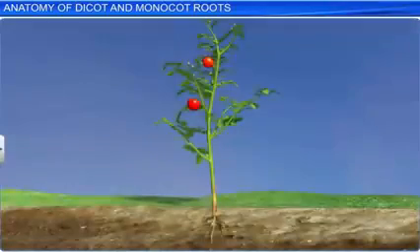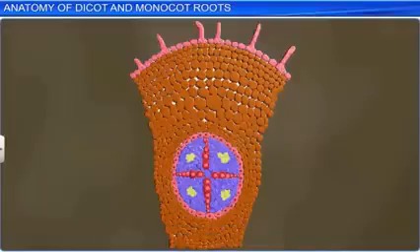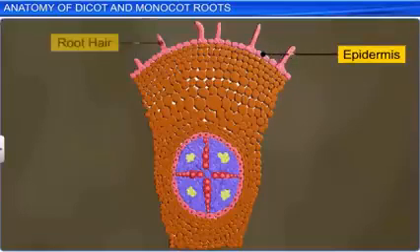We'll begin by studying the anatomy of a dicot root. The outermost single-layered tissue of the dicot root is called the epidermis. On the epidermis, you will also find some extended epidermal cells, which are unicellular root hairs.